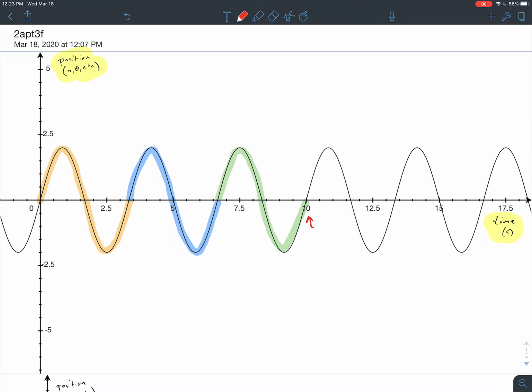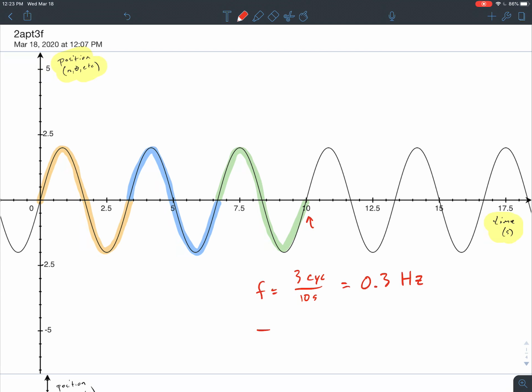So if we think about that, 3 cycles in 10 seconds, this is our frequency, right? Cycles per second, essentially. Hertz, so it'd be 0.3 hertz.